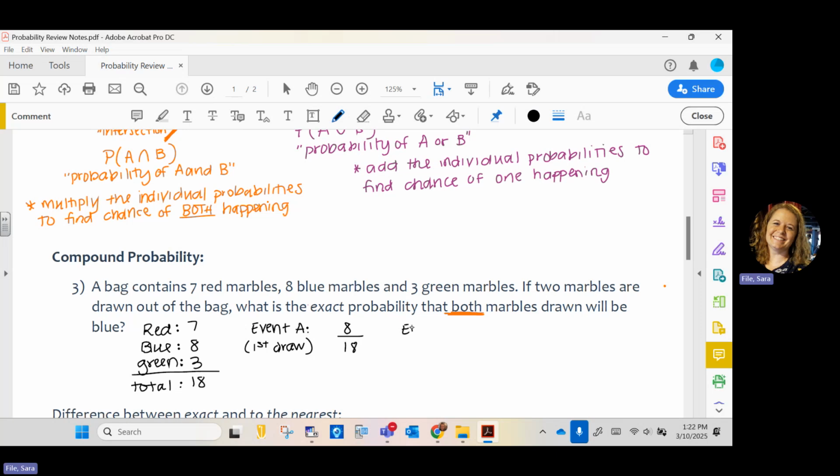Then event B, which is your second draw, is going to look a little different, because how many marbles are in the bag now? You've drawn one out. There were 18 to start, but I picked one, so now there's only 17.